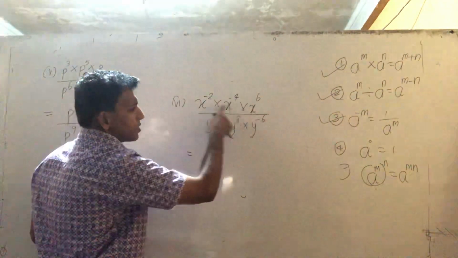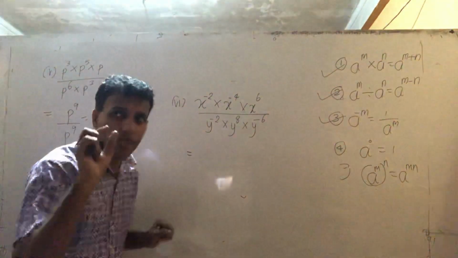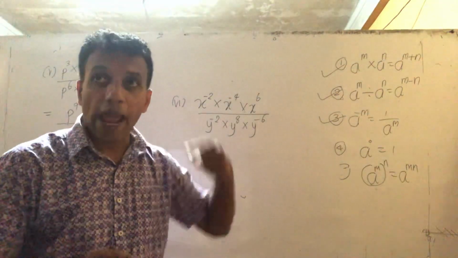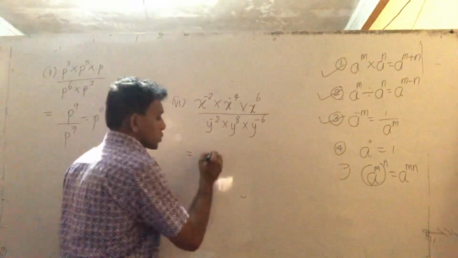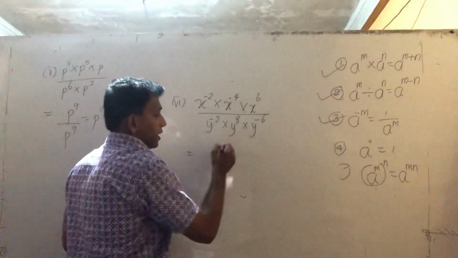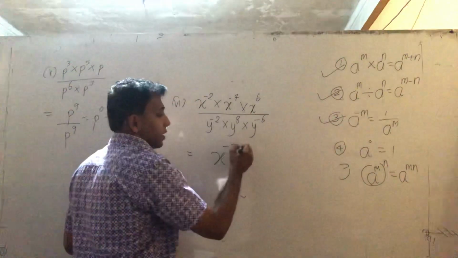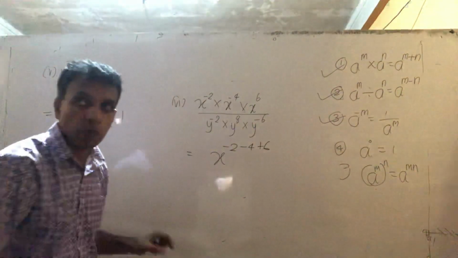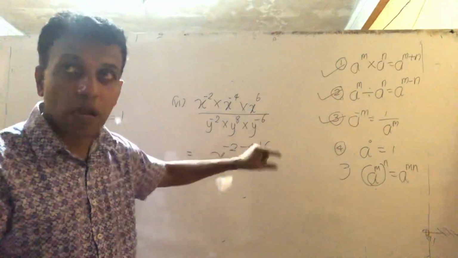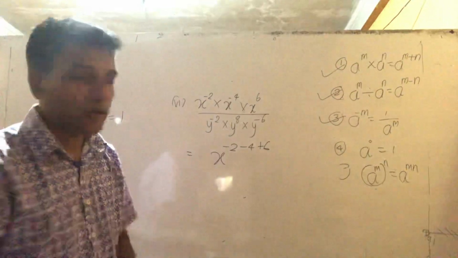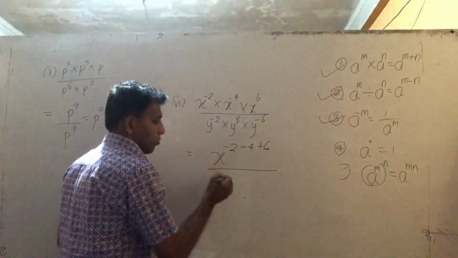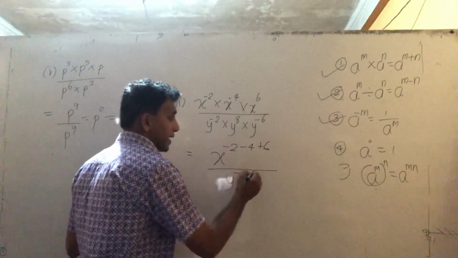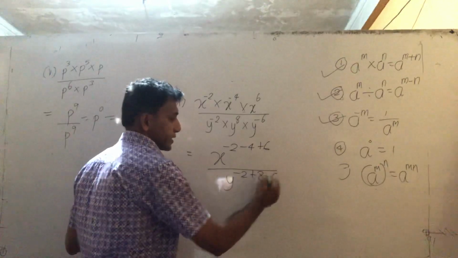Can I use rule number 1? Bases are the same, x. When multiplying, add the powers. So x to the power, here minus 2, here minus 4, here plus 6. I am showing the addition. Over y to the power what? Minus 2 and 8 and minus 6.